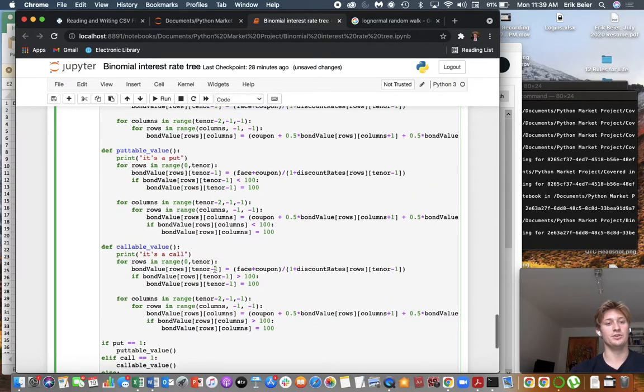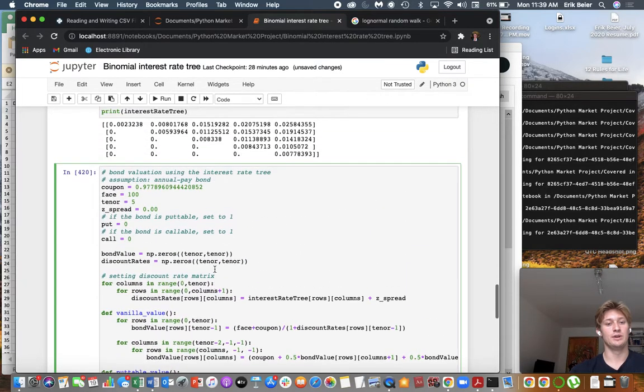So now we can use this information to get the value of a bond with any coupon, any tenor up to 5, and with the spread, as well as a put and a call option. For the put, we're assuming that if the value of the bond dips below par, the investor will put.